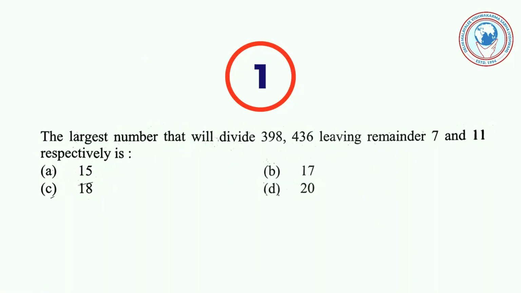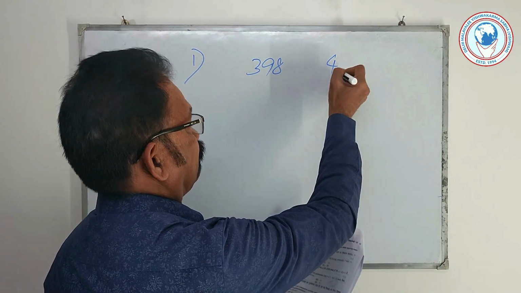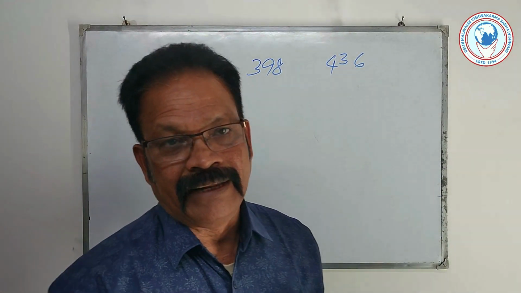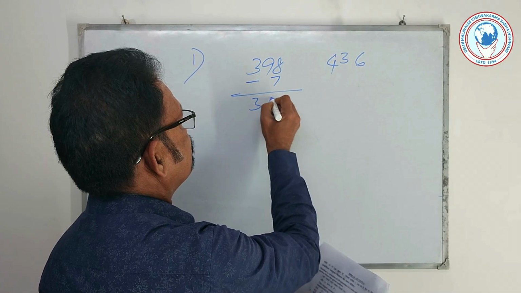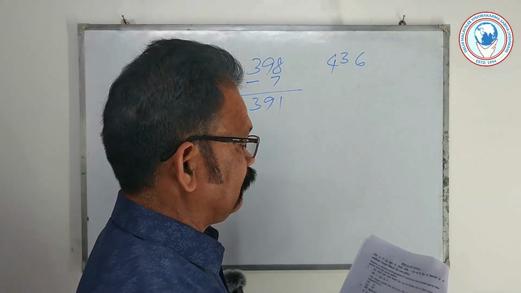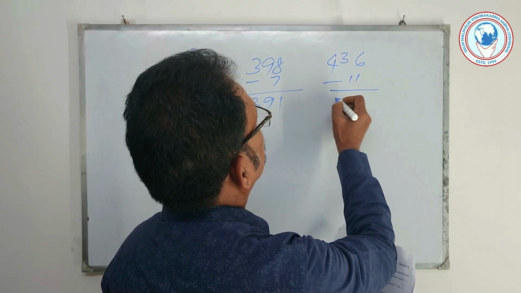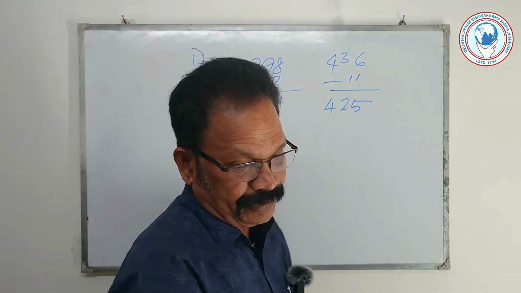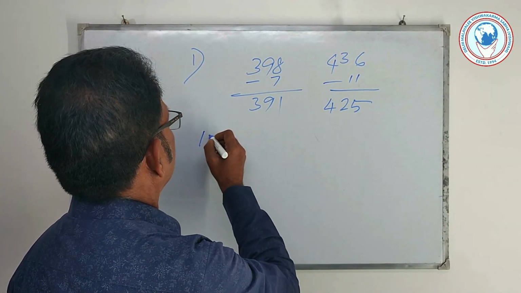Question number 1. The largest number that will divide 398 and 436, leaving remainder 7 and 11 respectively, is... Leaving remainder 7 means the actual number is 391, and remainder 11 means 425. So find the HCF.